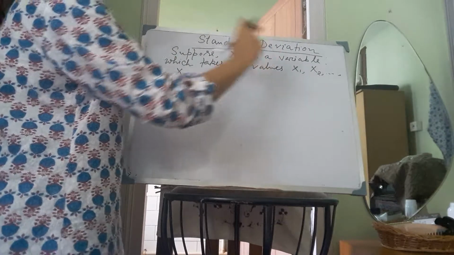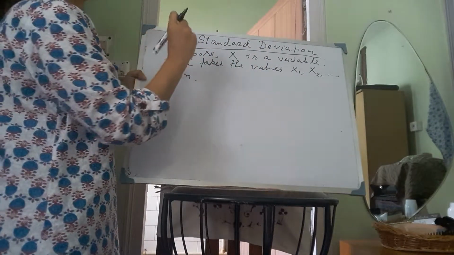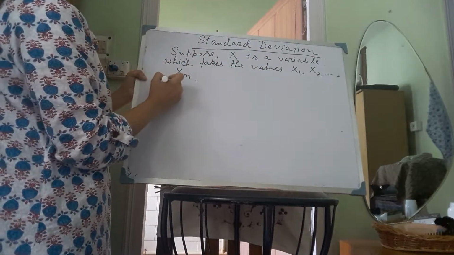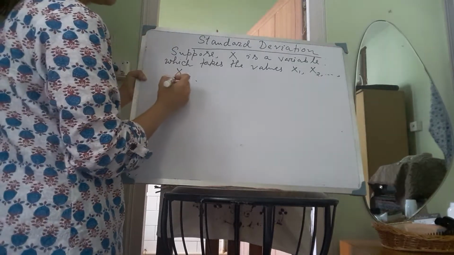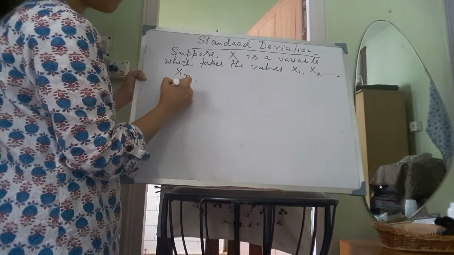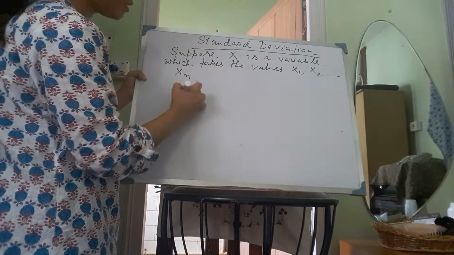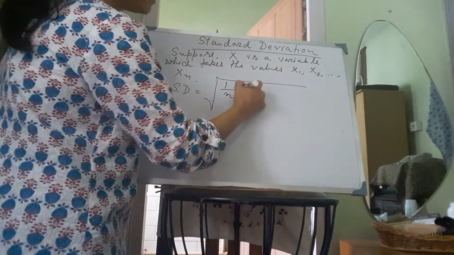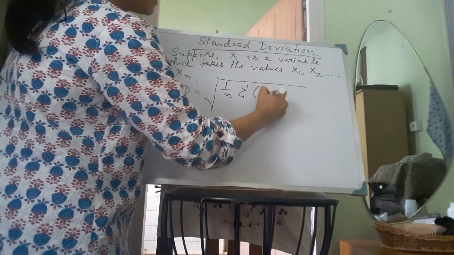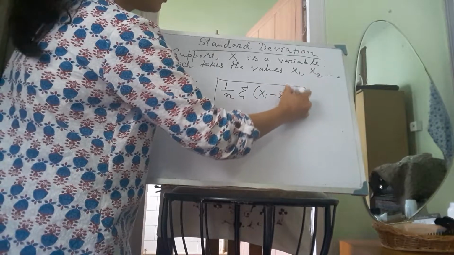So there are n observations on the variable x. Now let us first consider simple data without frequency. In that case, the formula for standard deviation is under root of 1 by n summation of xi minus x bar whole square.